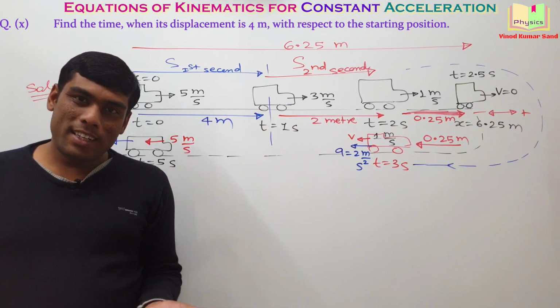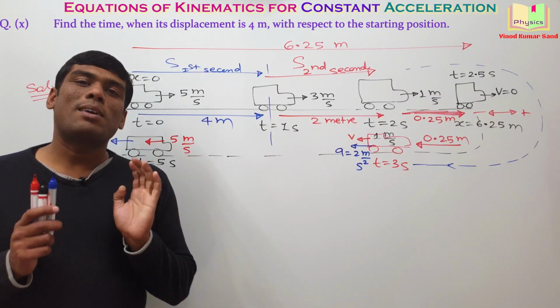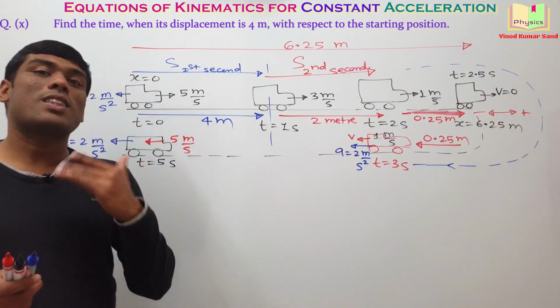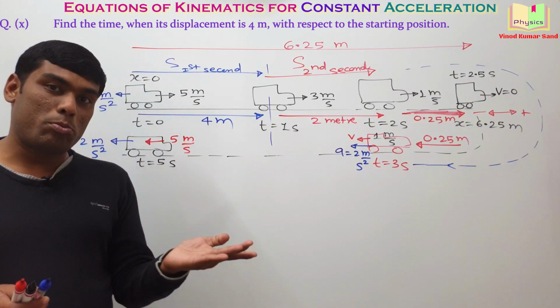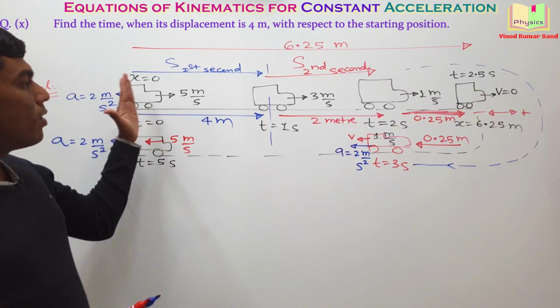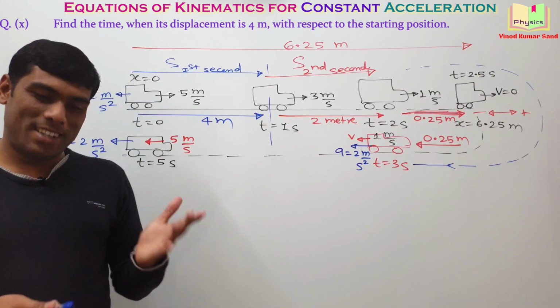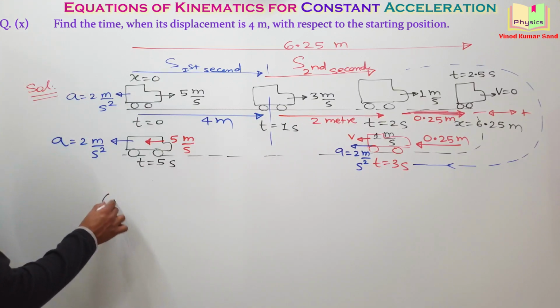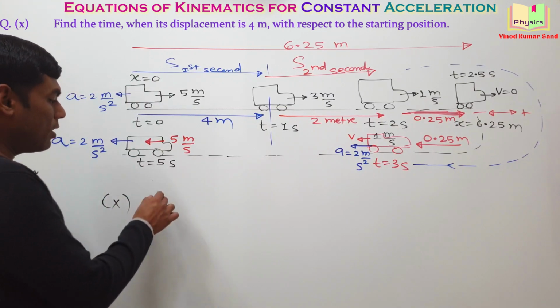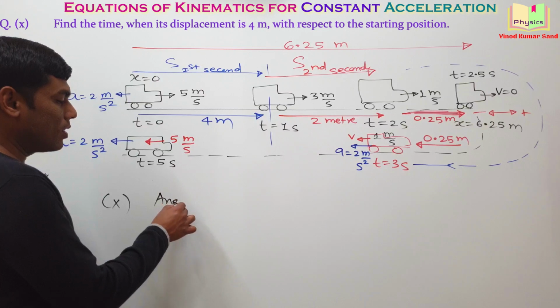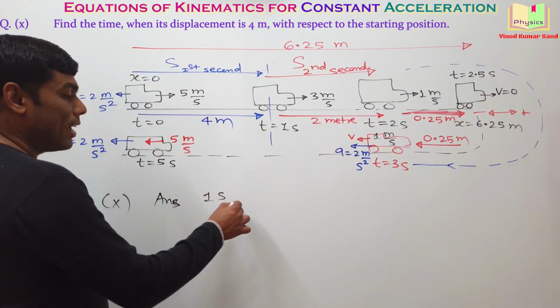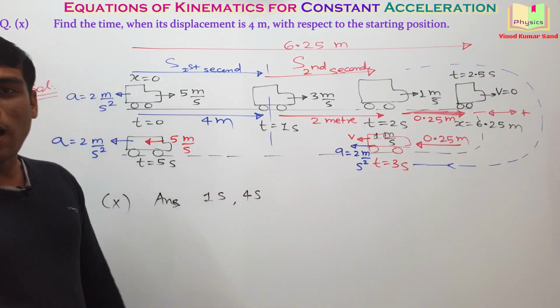Now solving the 10th question, we need to find the moment of time at which the displacement is positive 4 meter with respect to the origin, with respect to the starting position. What is your answer? It's simple actually. The answer will be 1 second as well as 4 second. How?